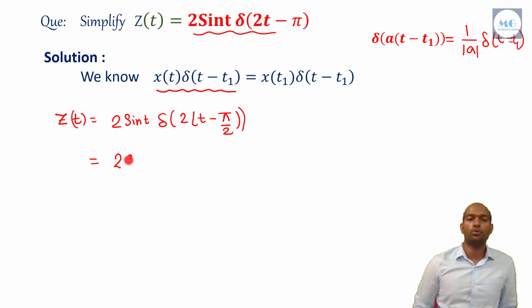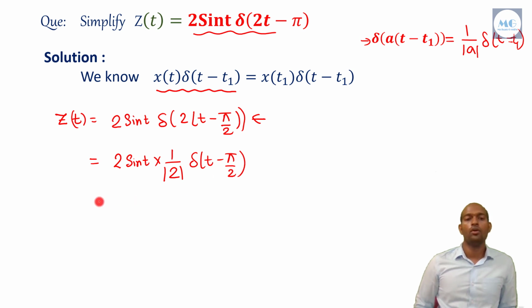So it will become 2 sin t into, what is a? A is 2 here, if we compare this property with this equation. So it will become 1/2 as per this property, δ(t-π/2). Now these two and these two will cancel first.